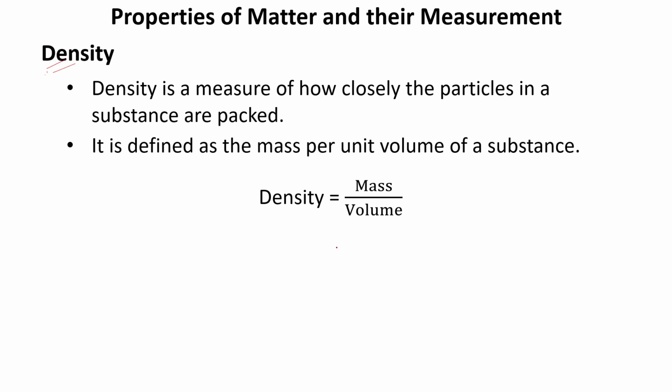Because the atoms present in iron are closely packed, due to which it has a greater mass as compared to wood. So density is the measure of how closely the particles are packed in a crystal, solid, or liquid. Density can be measured for solid, liquid, and gas. The definition of density is mass per unit volume.